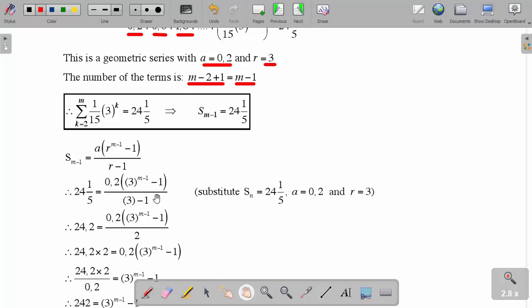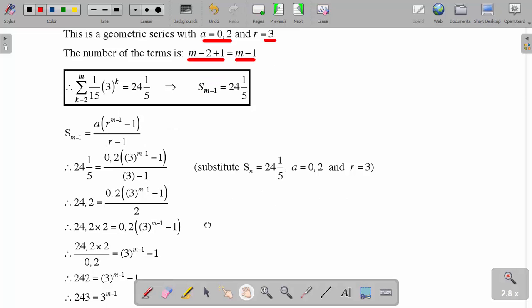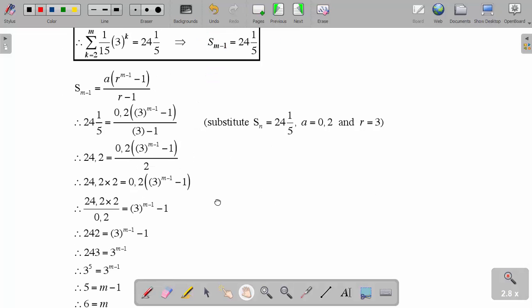So when I substitute here, 3 minus 1 is 2, and 0,2 divided by 2 is 0,1. Okay, and then I simplify this one here like this. If I continue simplifying, I can see I'm going to be left with 2 multiplied by this one here.